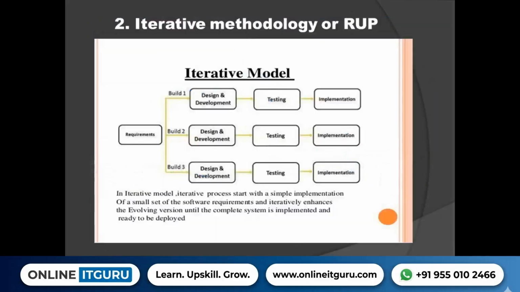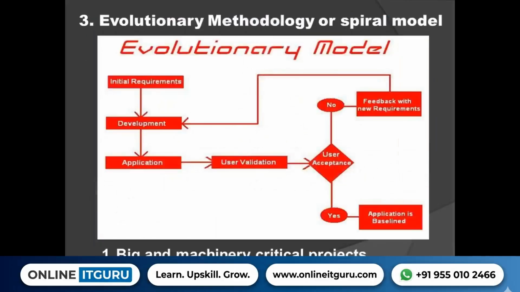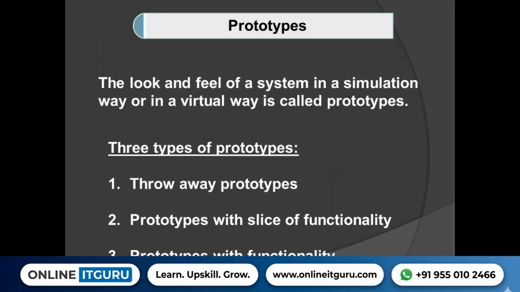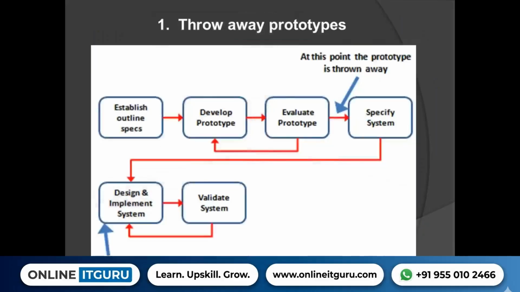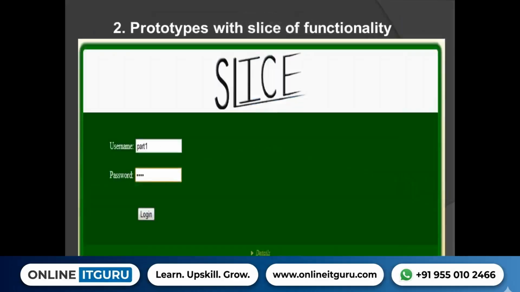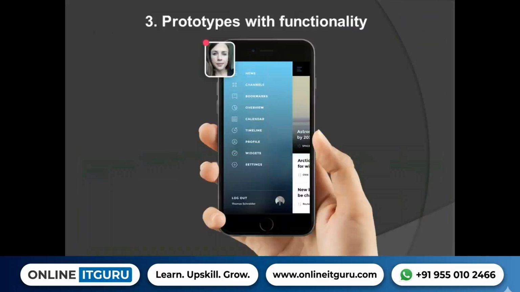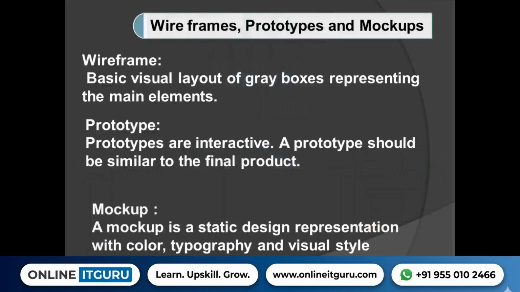The first one is wireframe. So, wireframe and prototype and mockups. These three terminologies look like the same, but there is a little difference. Even if you are facing clients, the clients don't know the exact meaning or the difference between wireframe, prototype, or mockups.